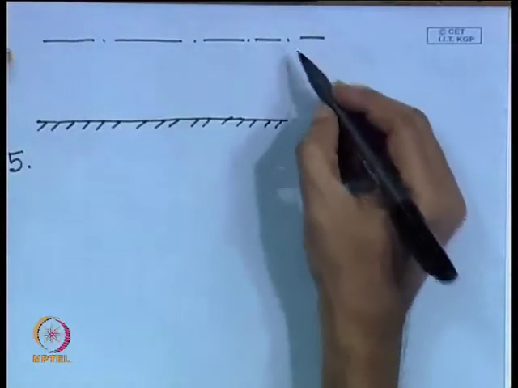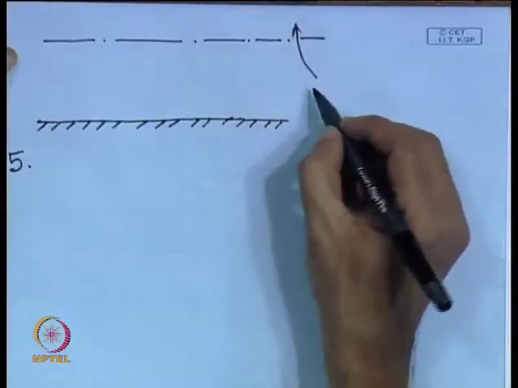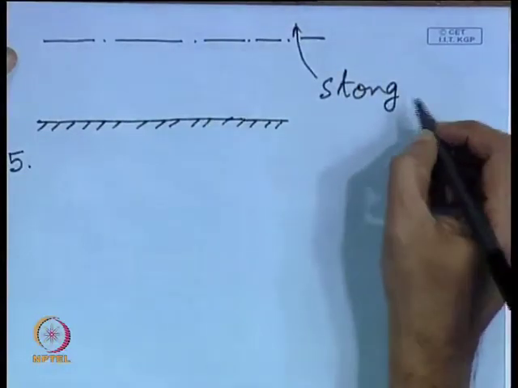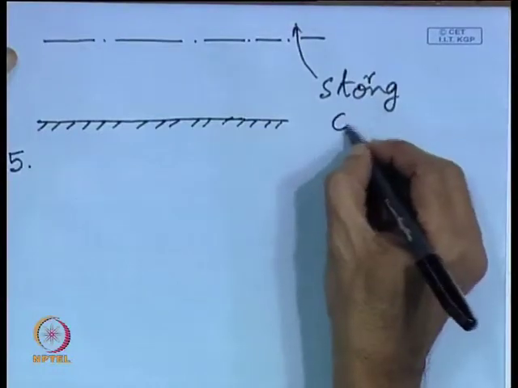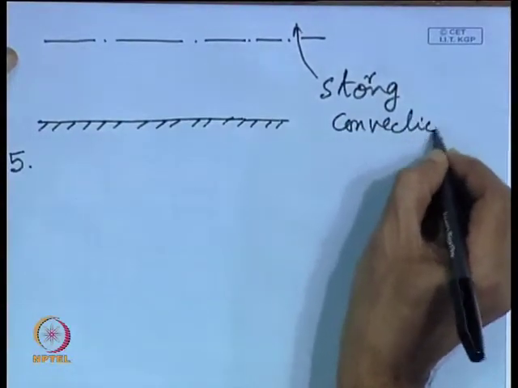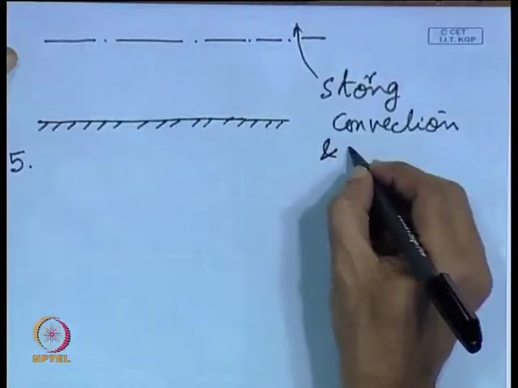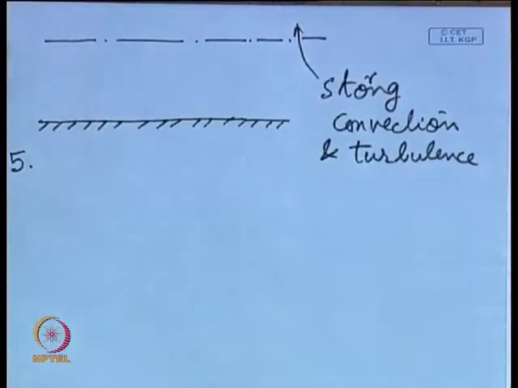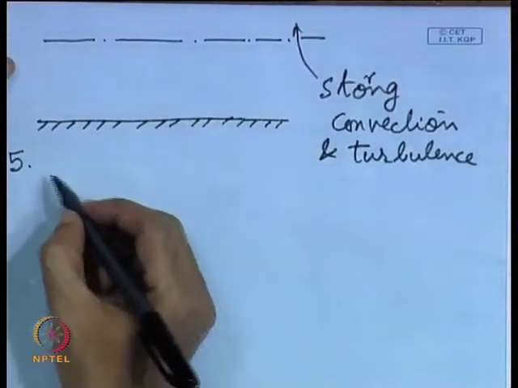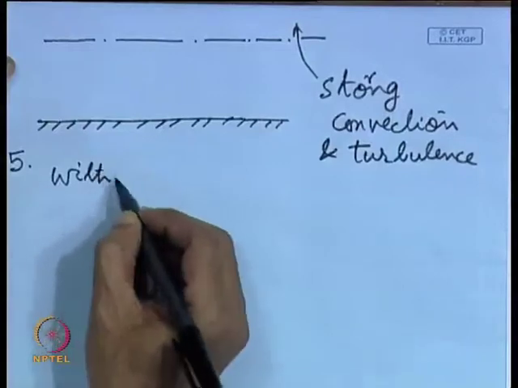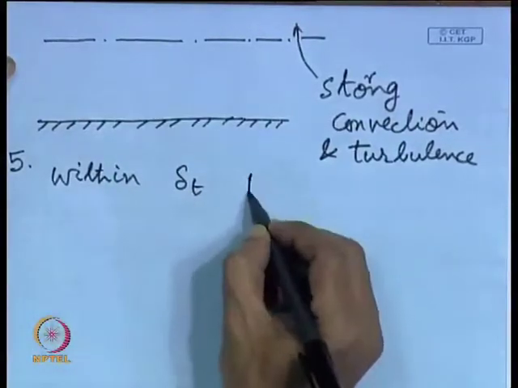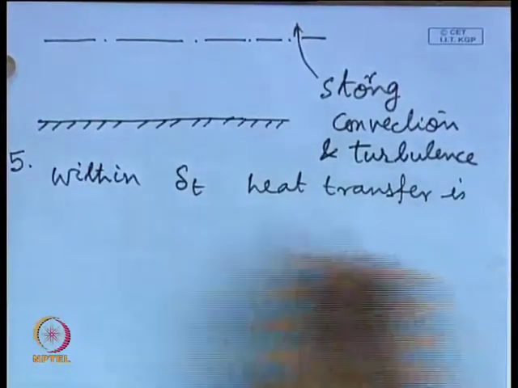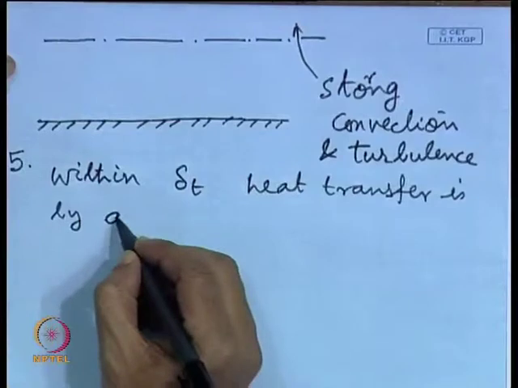Above this there could be strong convection and turbulence, but within the thermal boundary layer, within delta T, heat transfer is by molecular diffusion.